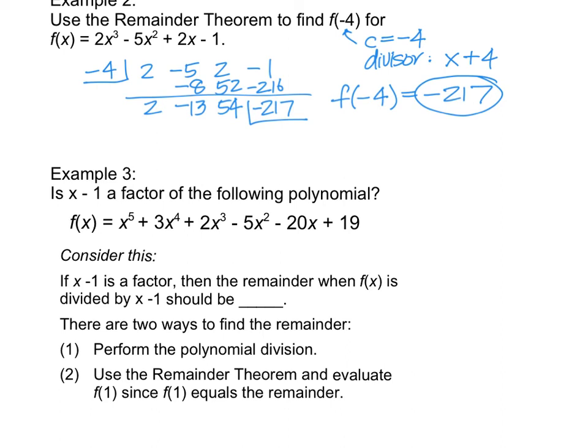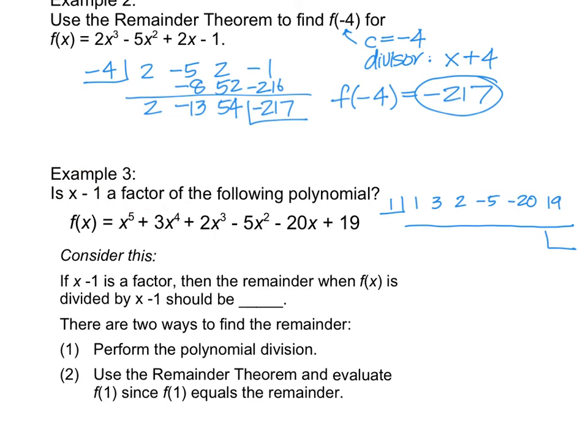And so one way to verify this is to actually do the division. So you have 1, 3, 2, -5, -20, and 19. We would want the remainder to be 0 if x minus 1 were a factor.